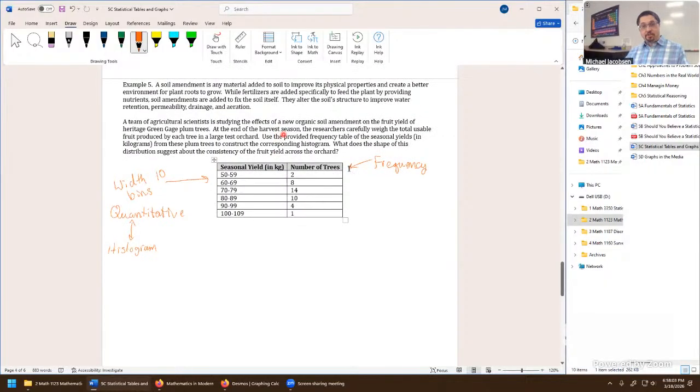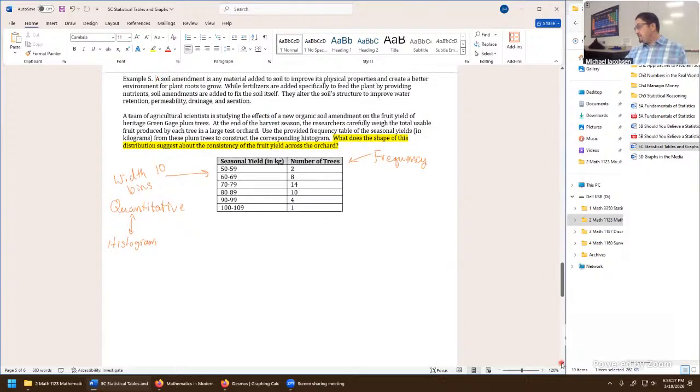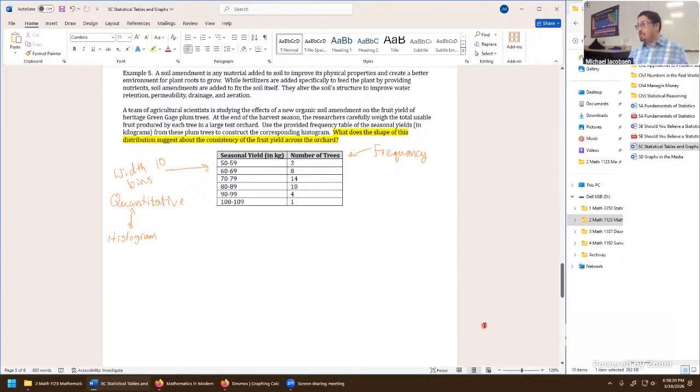Before we just launch into the histogram, it's helpful to know what's going on with this data, especially since there's a follow-up question on this one. Let me highlight this in yellow just so I don't forget we have to answer that direct question as well at the end. So here's the new statistical context. It says a soil amendment. That's kind of a funny word, but let's run with this definition. A soil amendment is any kind of material added to soil to improve its physical properties and create a better environment for plants to grow.